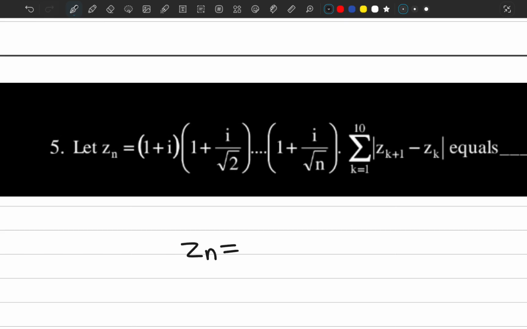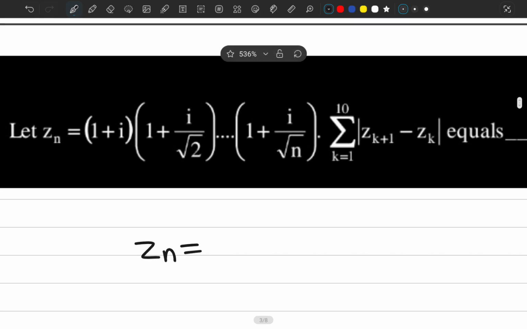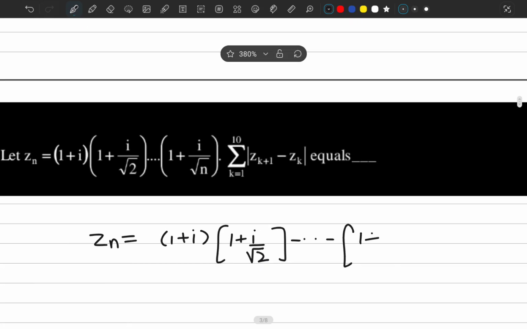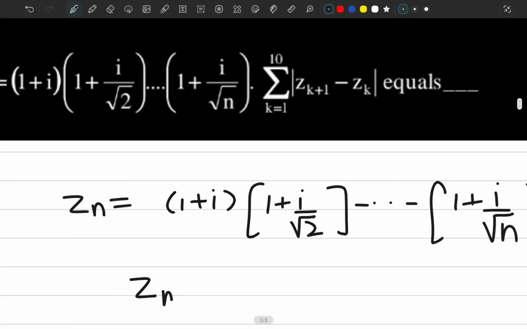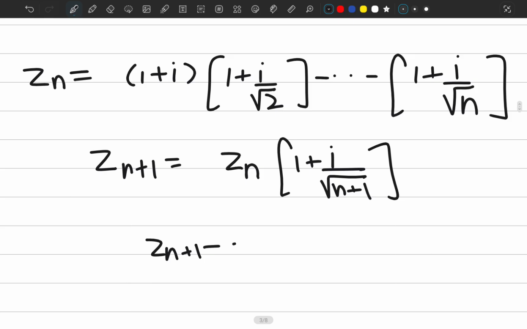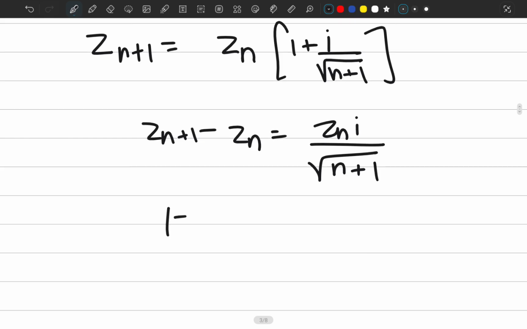So zn is given as (1 plus i)(1 plus i root 2) till (1 plus i root n), and z(n+1) will be zn times (1 plus i root (n+1)). So z(n+1) minus zn will be zn i root (n+1). Now the modulus, let me replace the variable here.